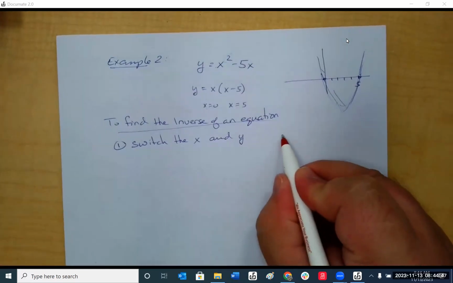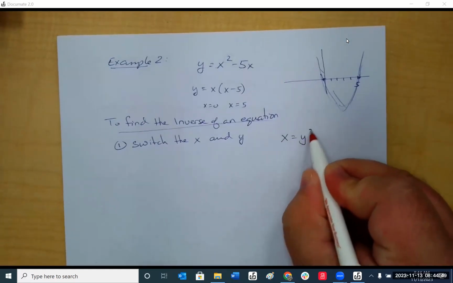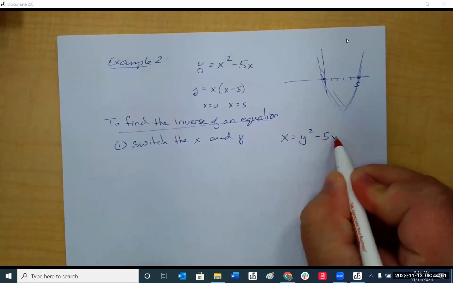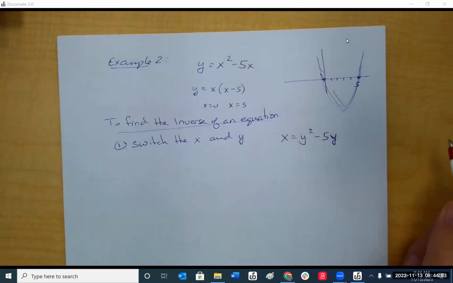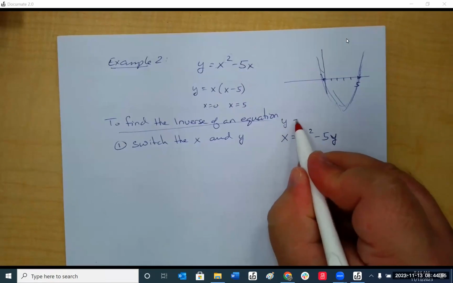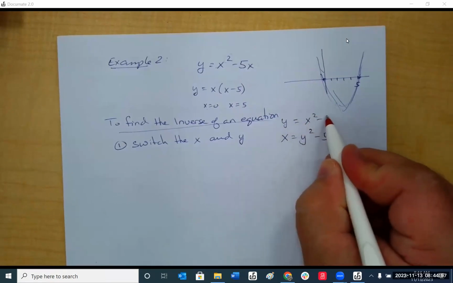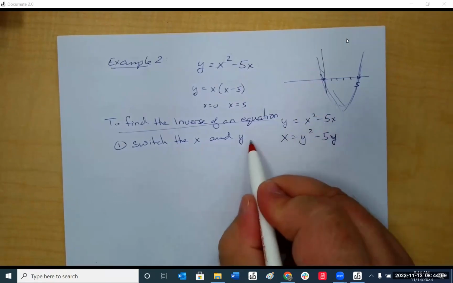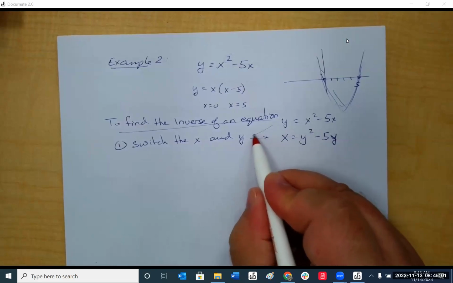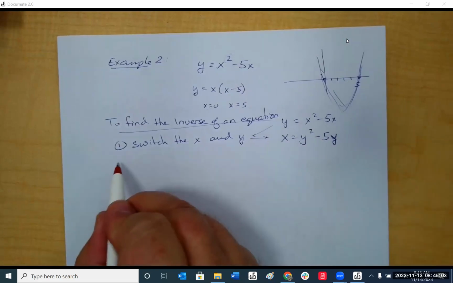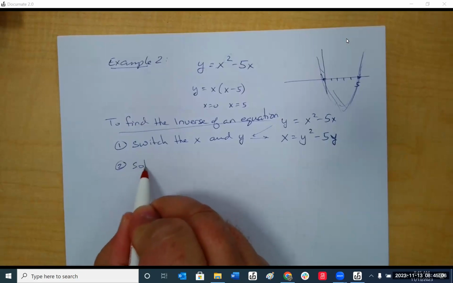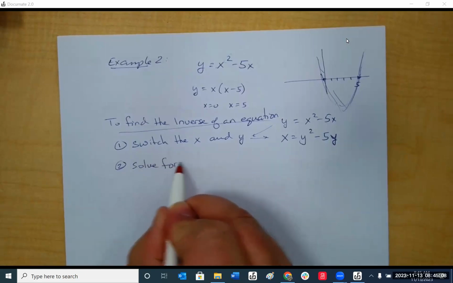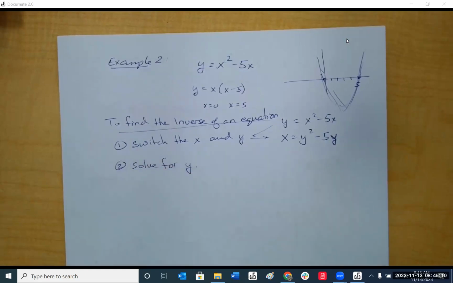So in our equation, we would switch the x and y. It was originally this. So this is my first step. Second, solve for y.